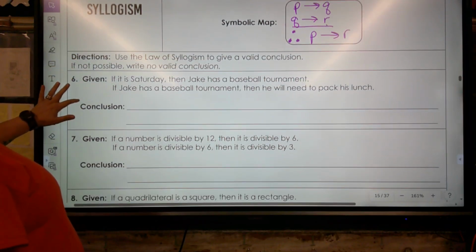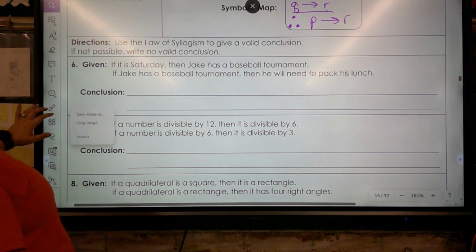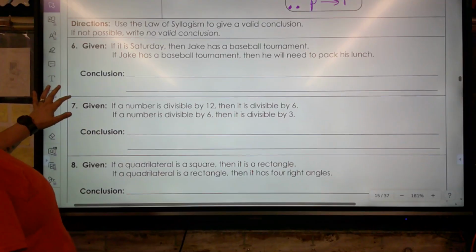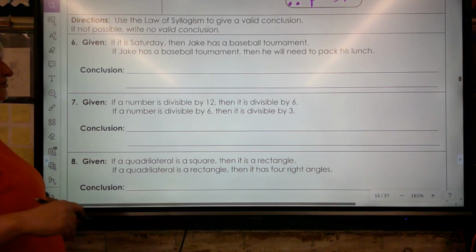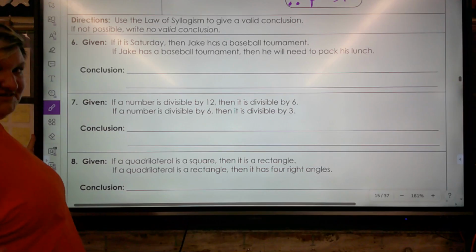Use the law of syllogism to give a valid conclusion. If not possible, write no valid conclusion. Simple enough. Alright, let's figure out what our P, Q, Q, R is. Remember, if it doesn't hold pattern, then it's not a valid conclusion.